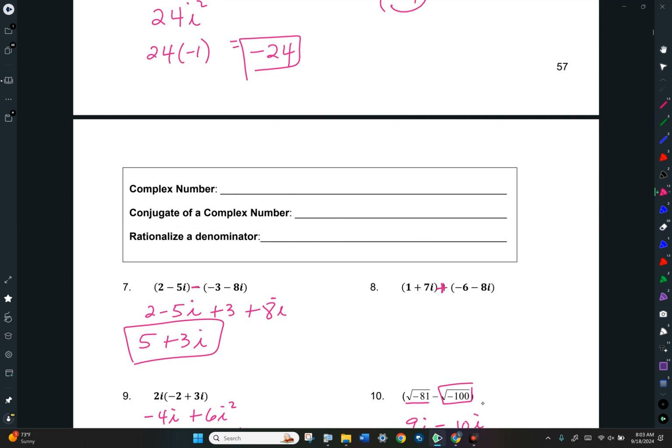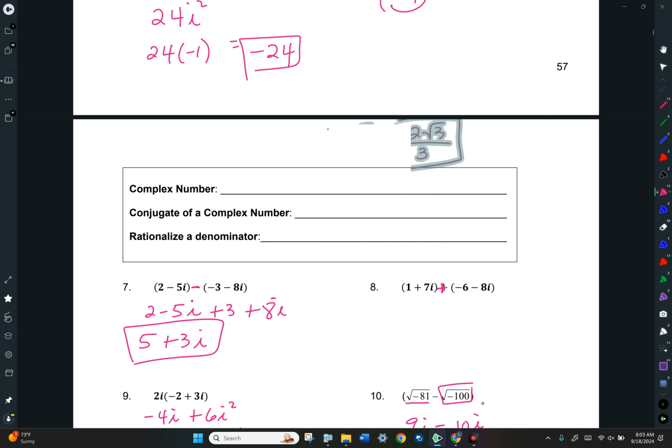If you ended up with, let's say, 2 over square root of 3, we would have said, oh, you have to get rid of that square root of 3, so multiply the top and the bottom by square root of 3, and on top you would have 2 square root of 3, and on the bottom you would have the square root of 3 times the square root of 3, which just comes out to be 3, which isn't any prettier, but we say that it's been rationalized because there's no longer a square root in the denominator. Okay, well, same thing is true for us now.